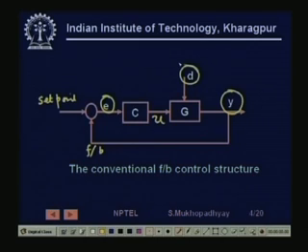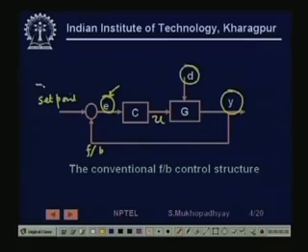Now, when does the feedback controller work? It works essentially based on the error. So, if the error changes, by the amount the error changes, the control input will change accordingly. If there is a sudden change in the set point, then immediately there is a corresponding sudden change in the error.